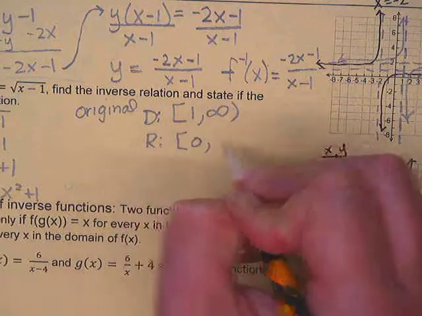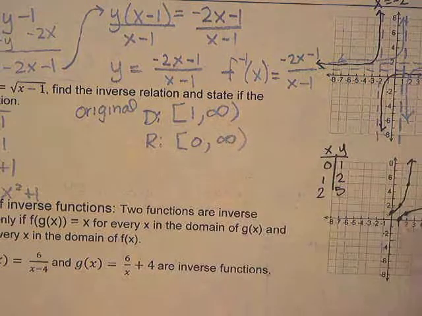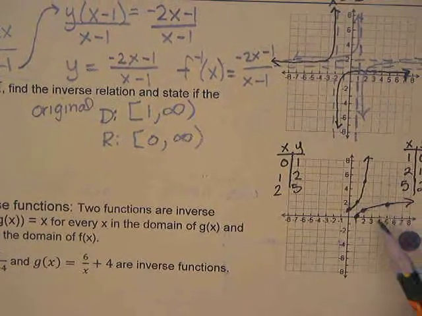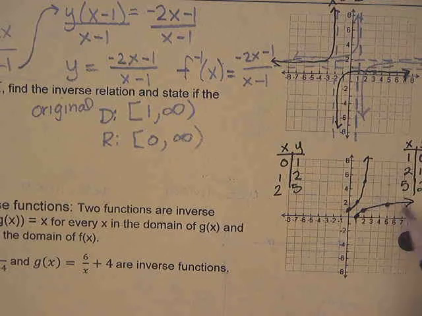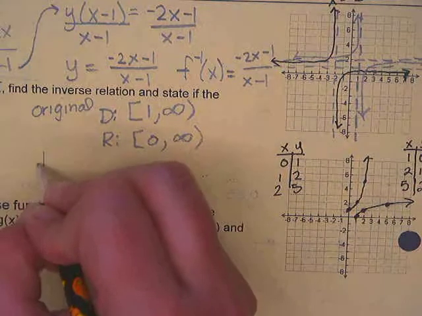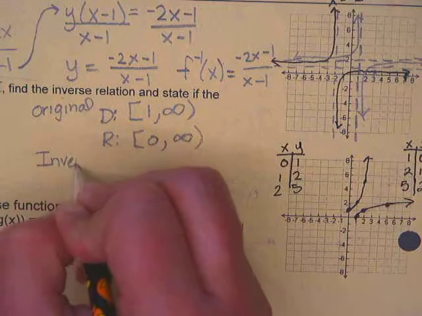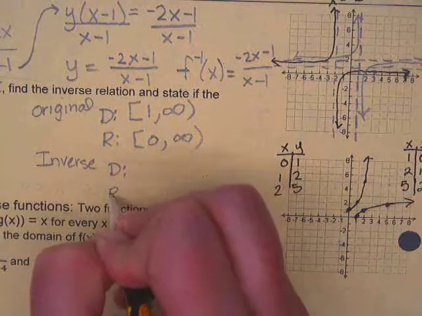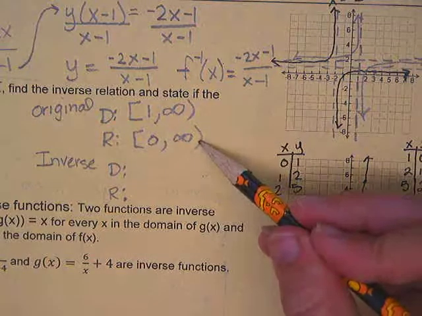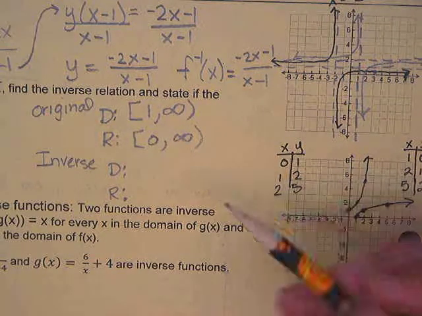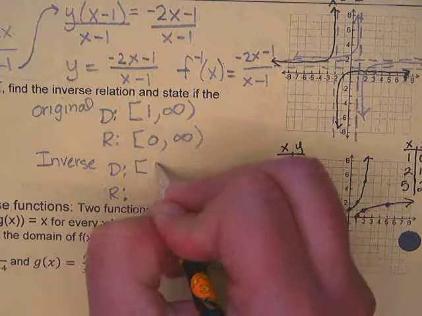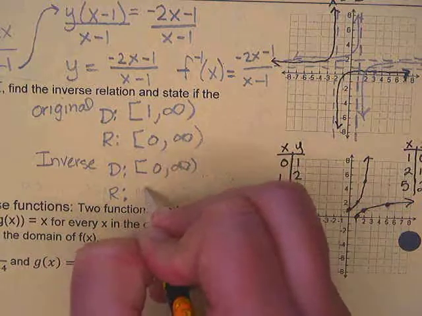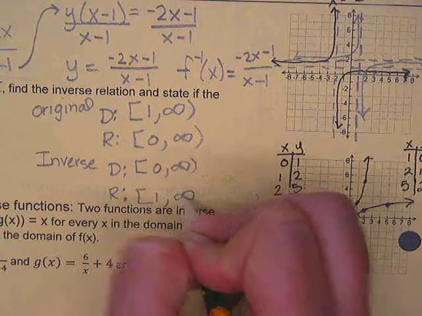is all positive y values, all my y values of my square root function are 0 to infinity. So that means the domain of my inverse will be the range of my original, or 0 to infinity will now be my new domain for my inverse, and 1 to infinity will be my range.